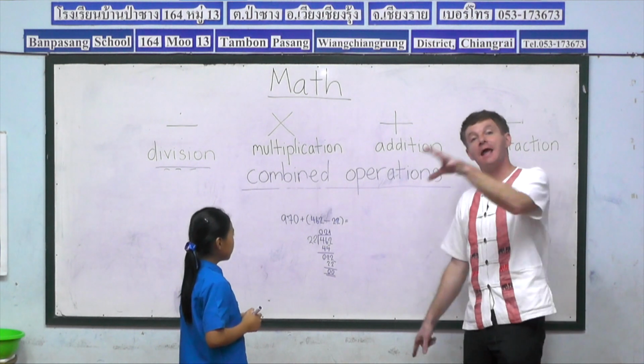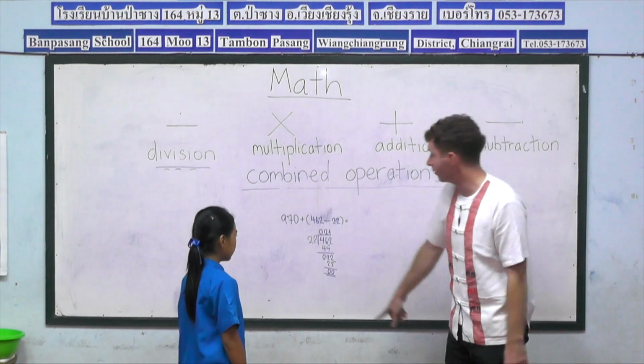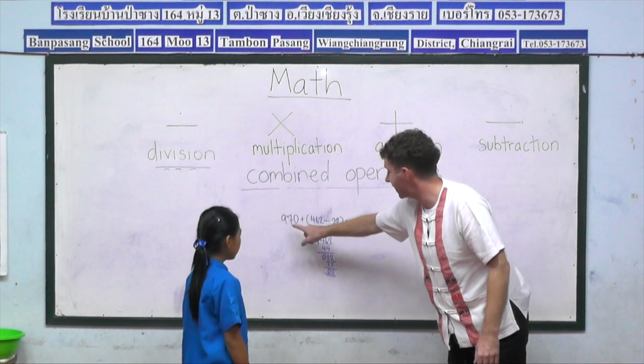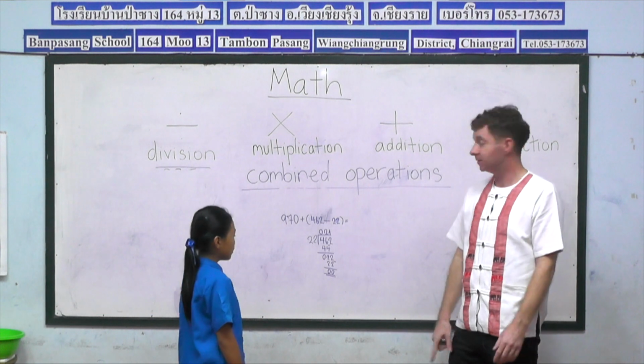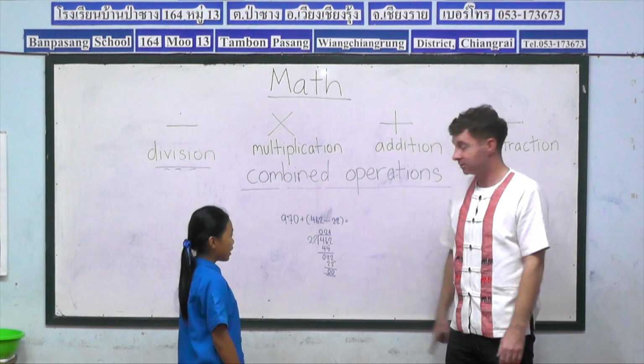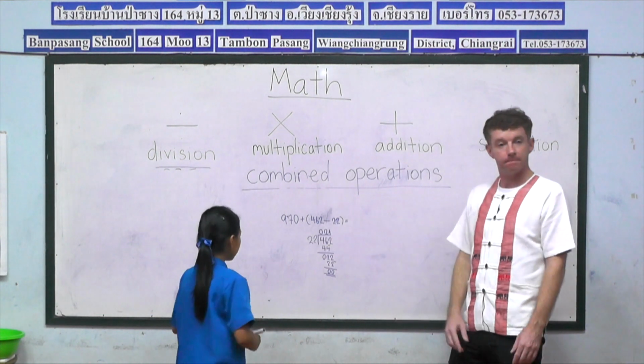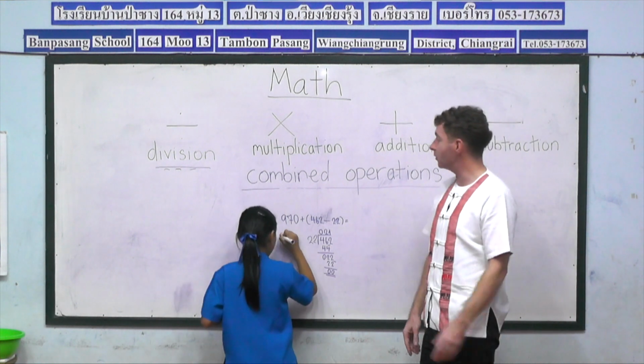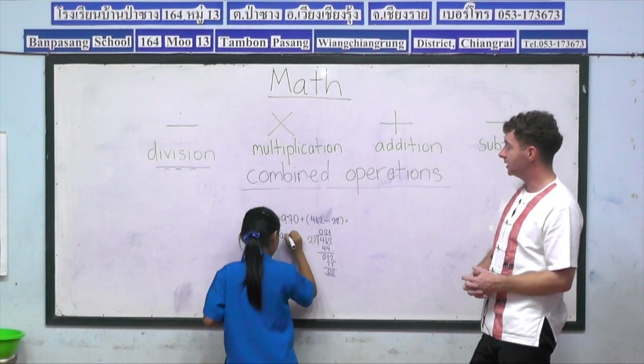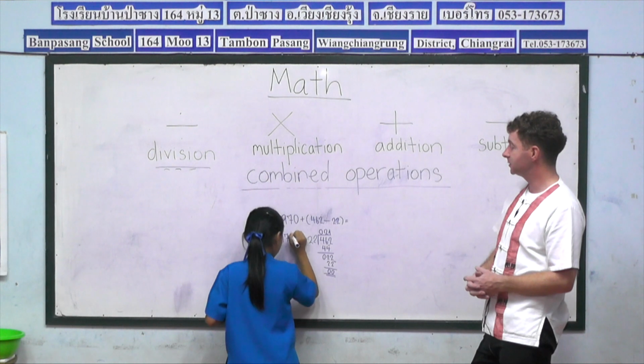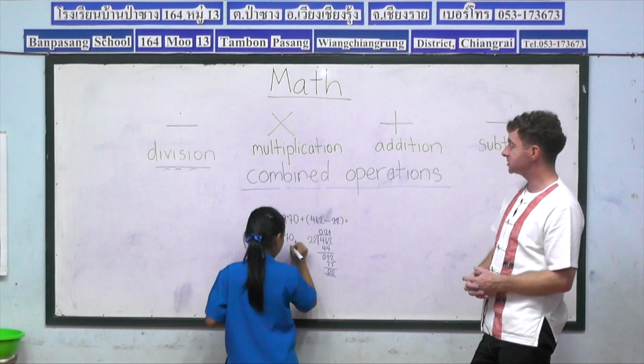So then the next stage of our combined operation, 970 plus 21. So Nadia will now do the addition calculation. 970 plus 21.